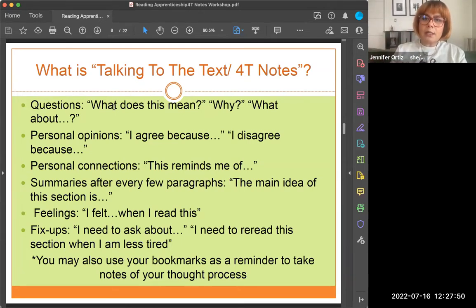You can highlight it, write your notes on the side, or on a separate sheet of paper. What was the author saying that you agreed or disagreed with? Then personal connection. If this reminds you of something you learned in a history class, or a personal memory, keep track of that. Remember, you're not sharing these notes. These notes are for your benefit.